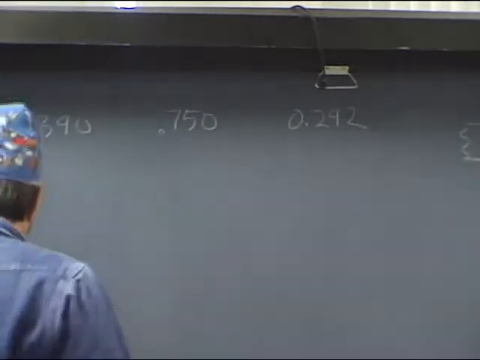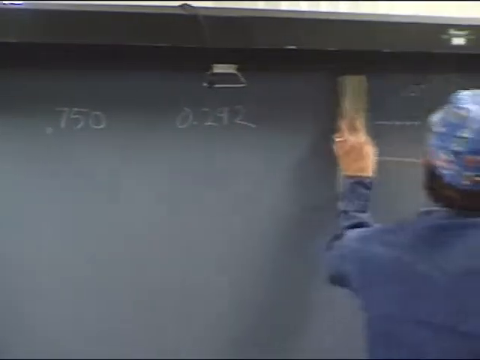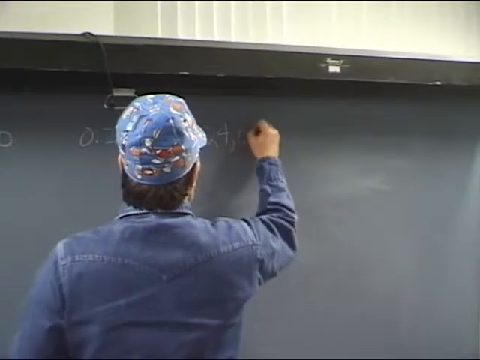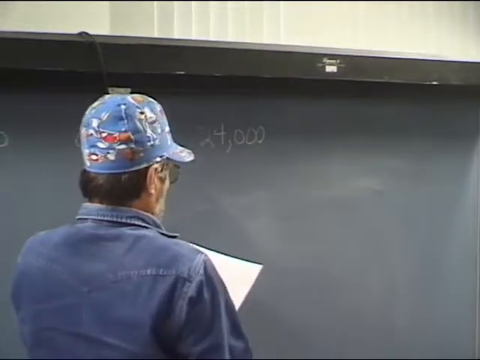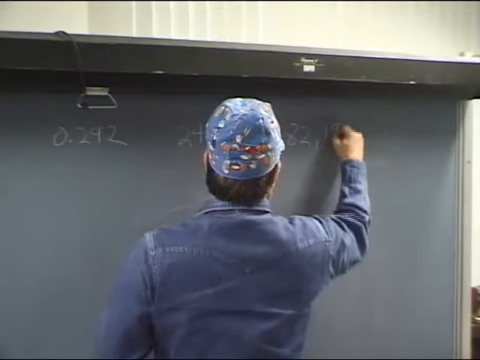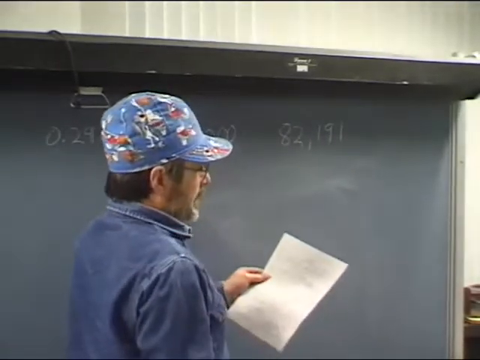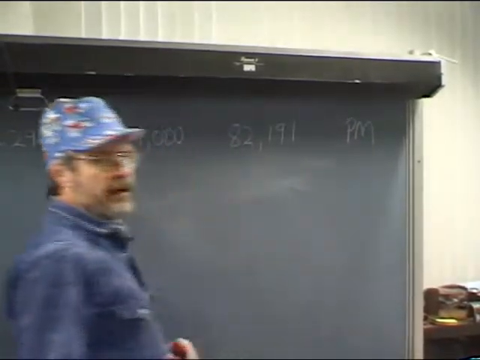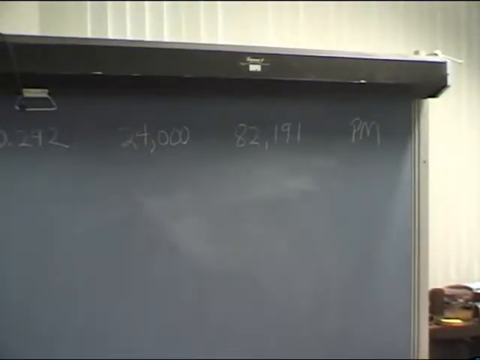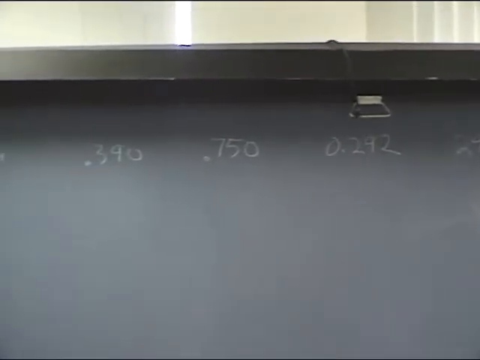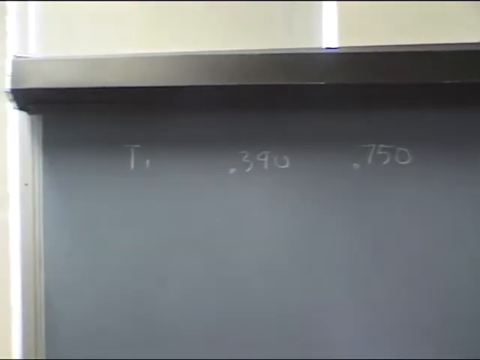Ultimate load, 24,000. Ultimate unit stress, 82,191. And type of failure, PM for parent metal. So that's what the information should look like for the very first one that you would do, your very first tensile specimen.